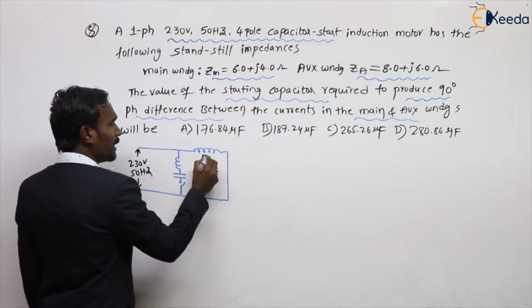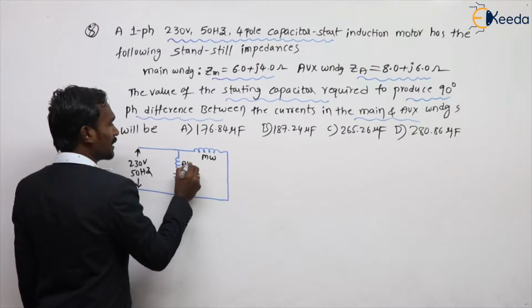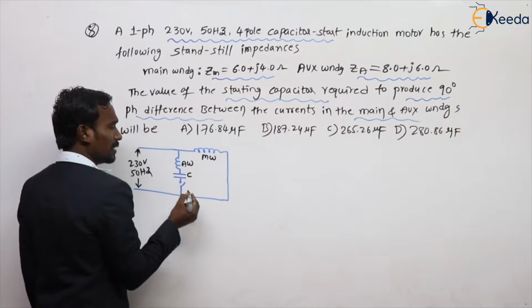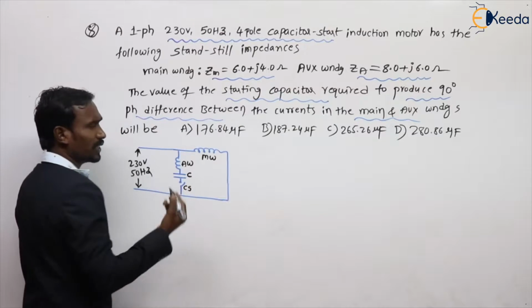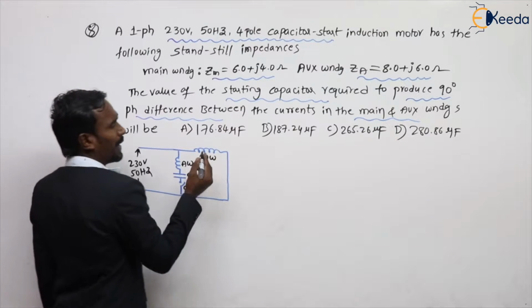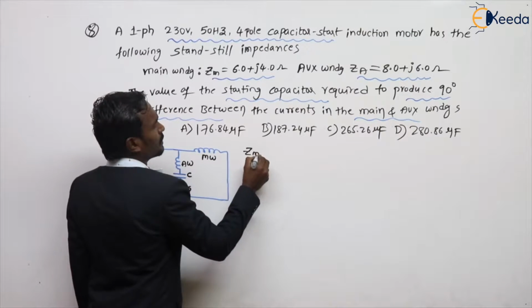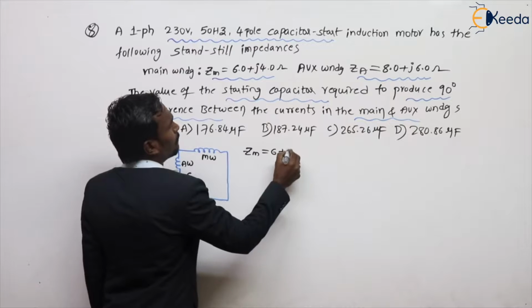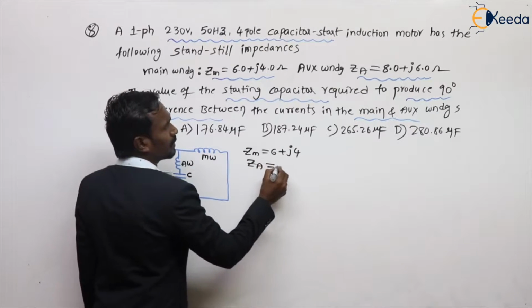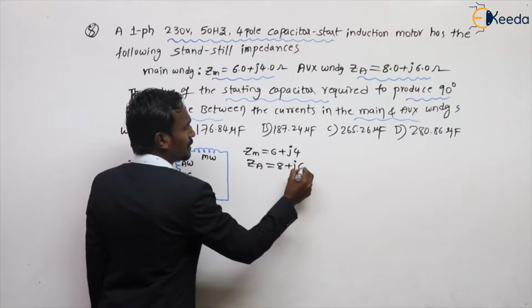This is the capacitor C, and this is the centrifugal switch. Main winding impedance Zm is 6 plus j4, auxiliary winding impedance is 8 plus j6.